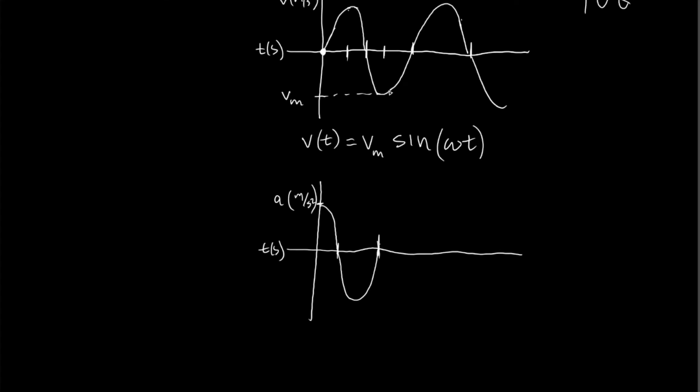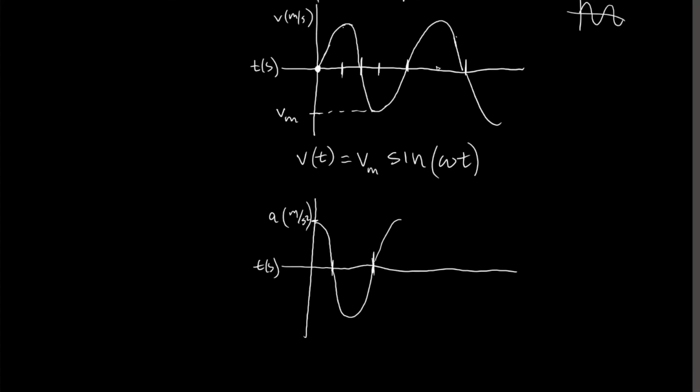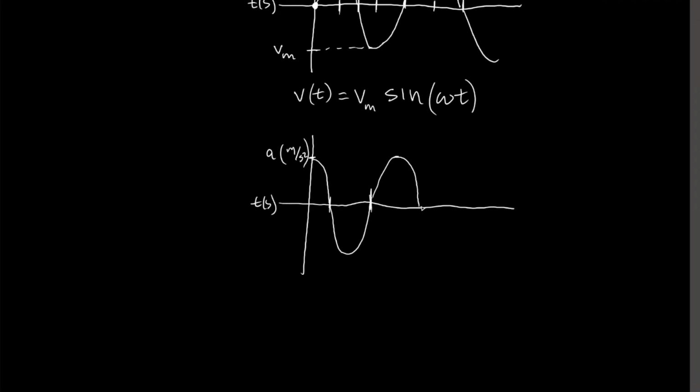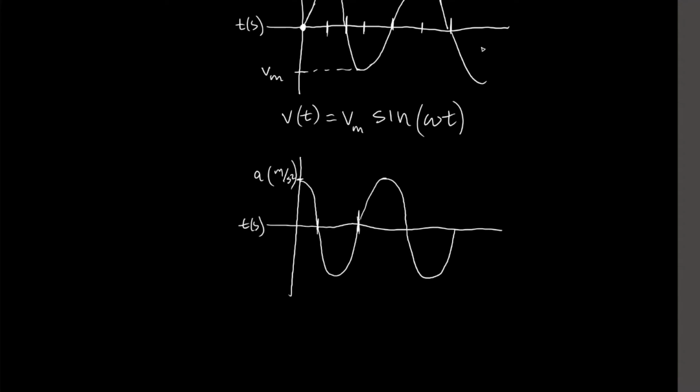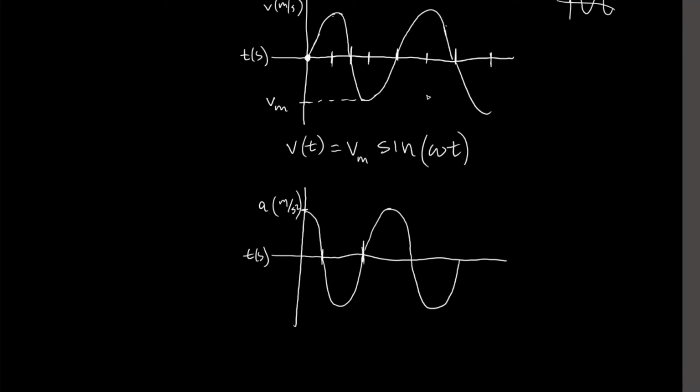Then it goes back to positive acceleration, maximum positive acceleration there. Then it goes back to zero acceleration here. And then that trend repeats as well. Zero acceleration, zero acceleration.